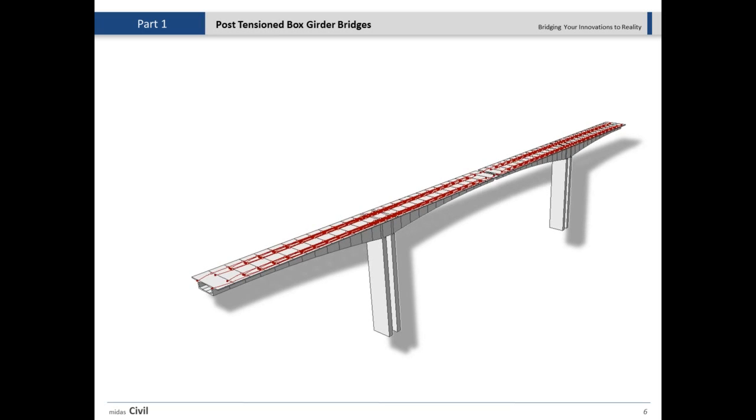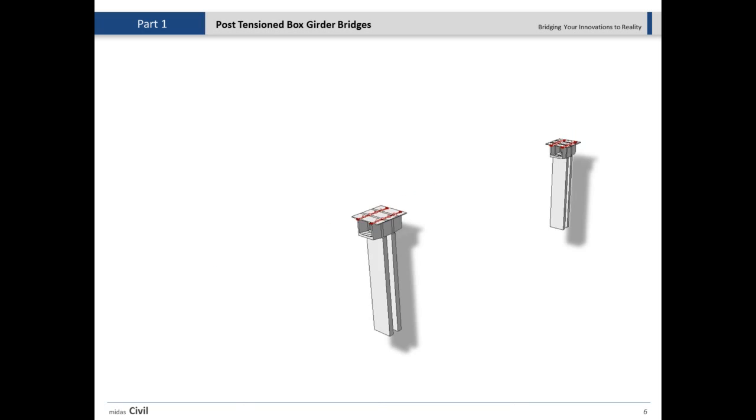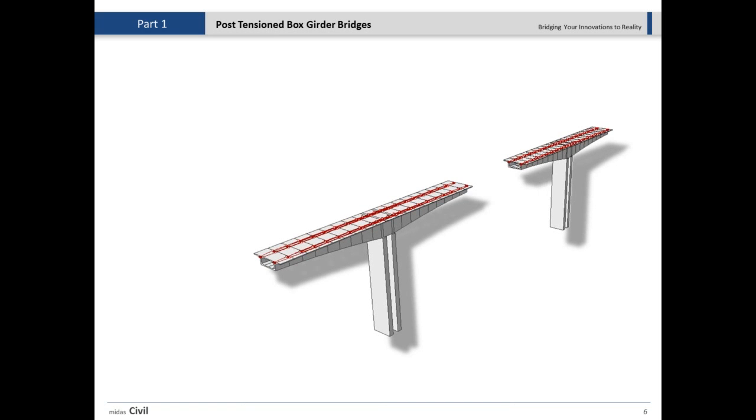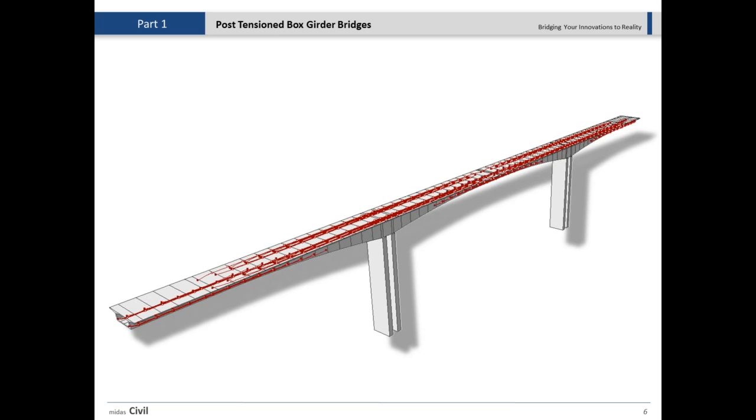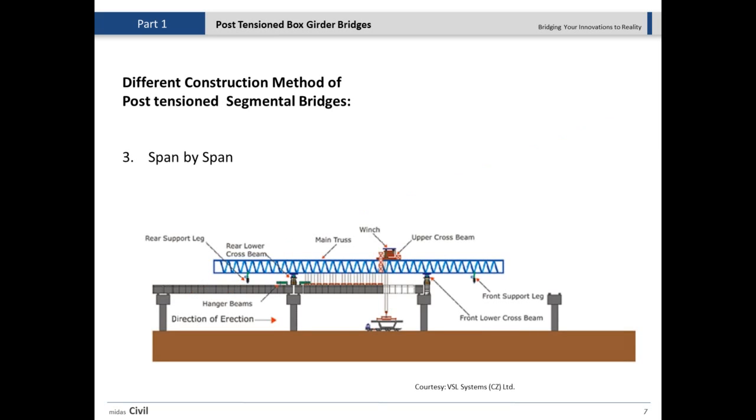I have an animation which I prepared in Midas Civil for you, showing how the construction sequence happens. Each time we add a segment, we add a post-tensioning part to sew these segments to the constructed part, and finally we come up with the final model.